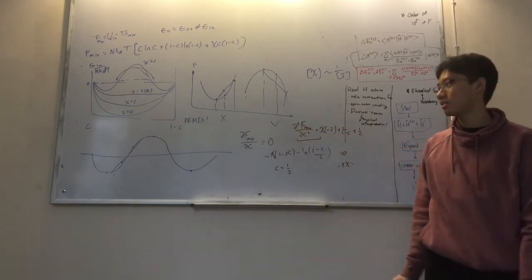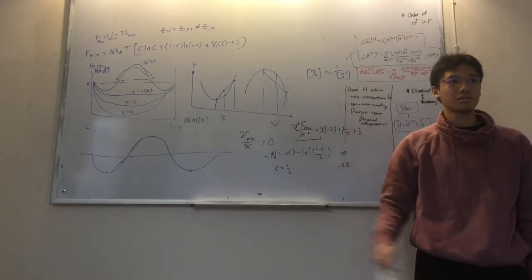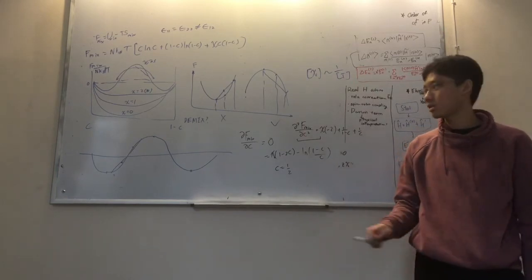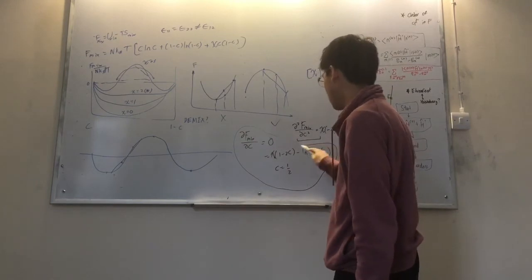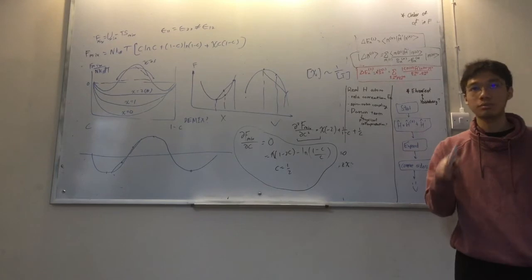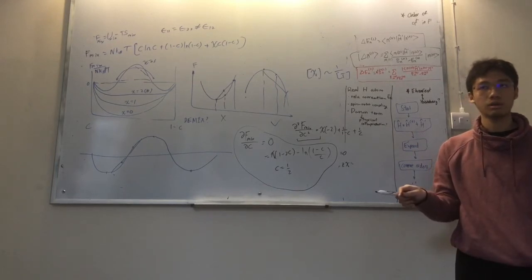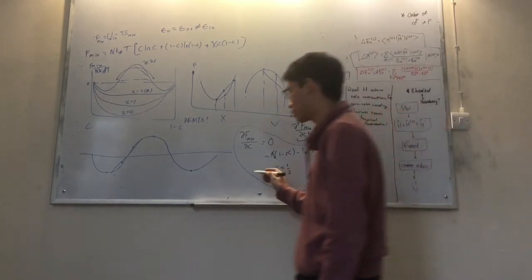Okay, actually, this is quite messy, so I'll just do all this again. This thing, partial F partial C tells us when it's stable. So this we call the binodal line.